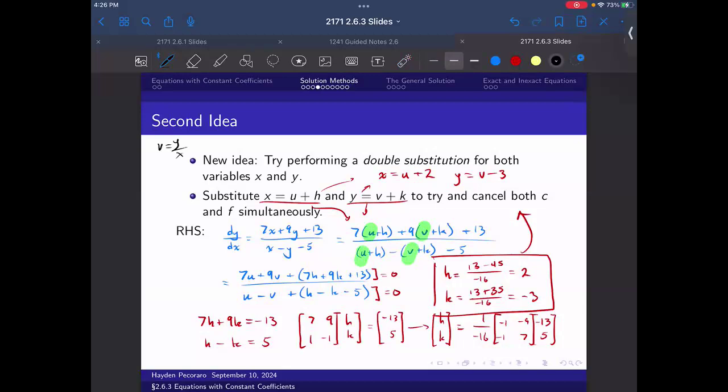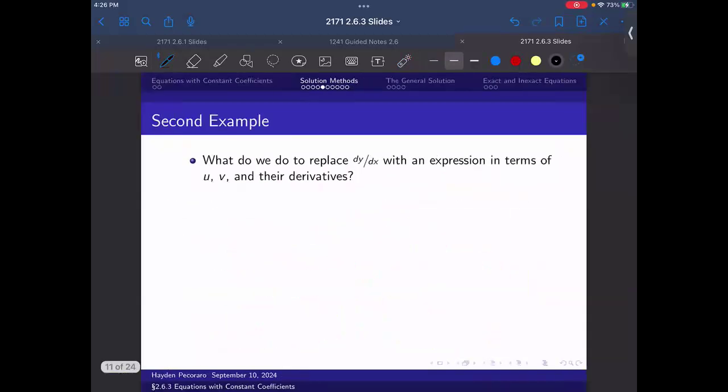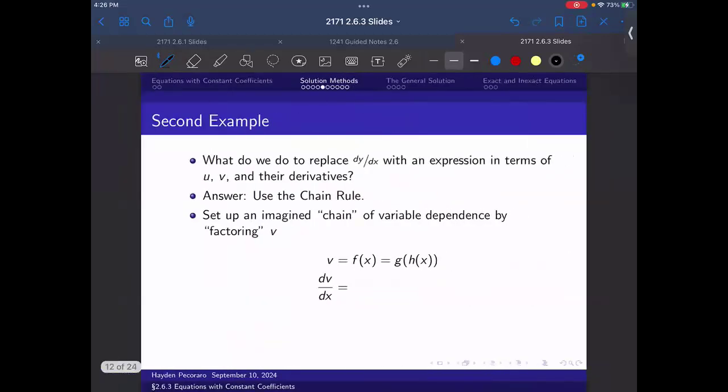Okay, so let's go ahead and use these now. We figured out what x and y need to be substituted with. What about dy dx? Well, it's a little trickier, but we use the chain rule. The actual substitution is not very hard, but it's a little weird to think about.